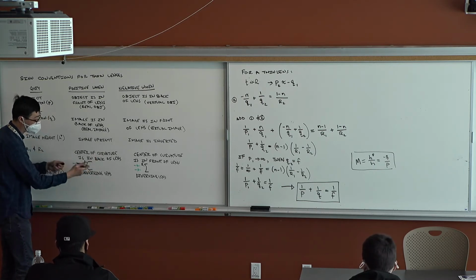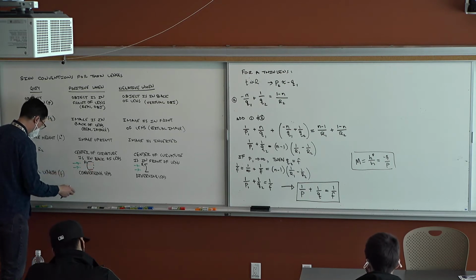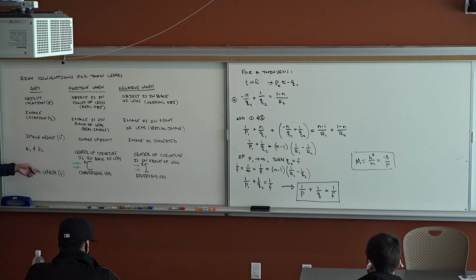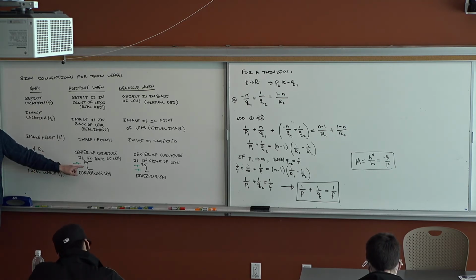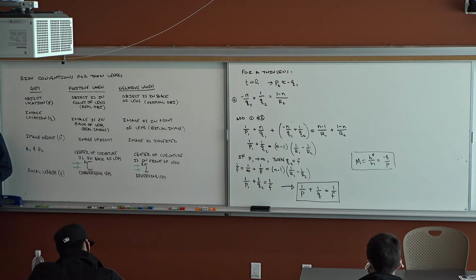I'm assuming that it's curved like this, so the radius of curvature is back here. But I didn't make any statement about R2, but the same rule still applies. If the radius of curvature is in front of the surface, it's negative. If it's behind the surface, it's positive. Okay? Questions, comments, concerns?